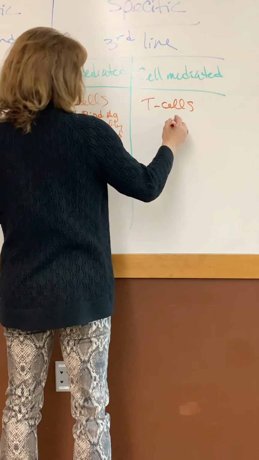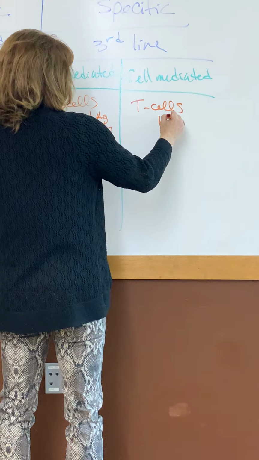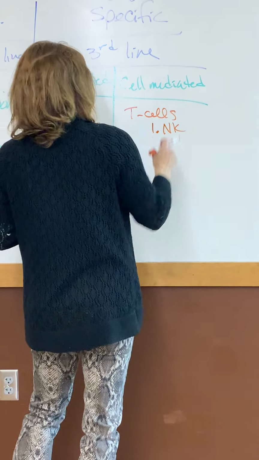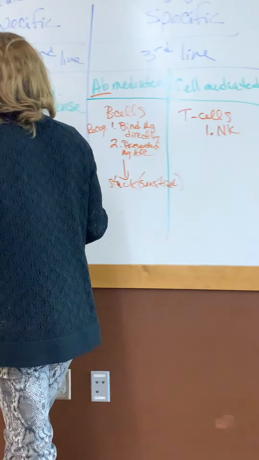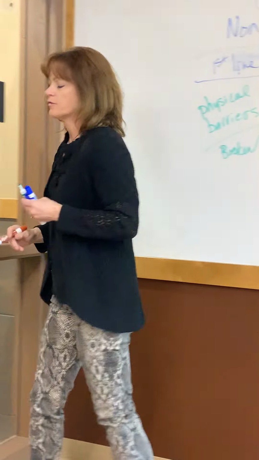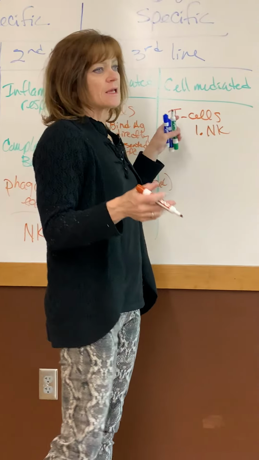T cell side. We've got different types of T cells. One, which is of the T cell family, although it really isn't part of this third line of defense, is called the NK cell. We said the NK cell really lives over here in the second line of defense because it's one of the patrollers. The NK cell is like the scout, right?